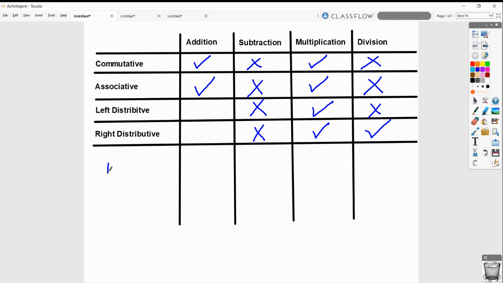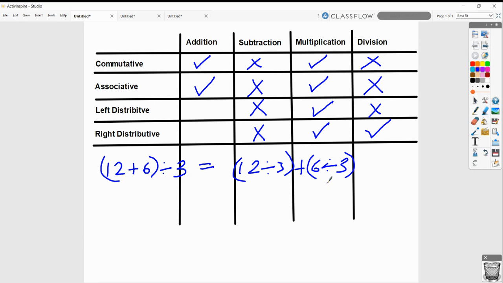Meaning, now if we have 12 plus 6 divided by 3, will it equal 12 divided by 3 plus 6 divided by 3? Yes, it will be correct.